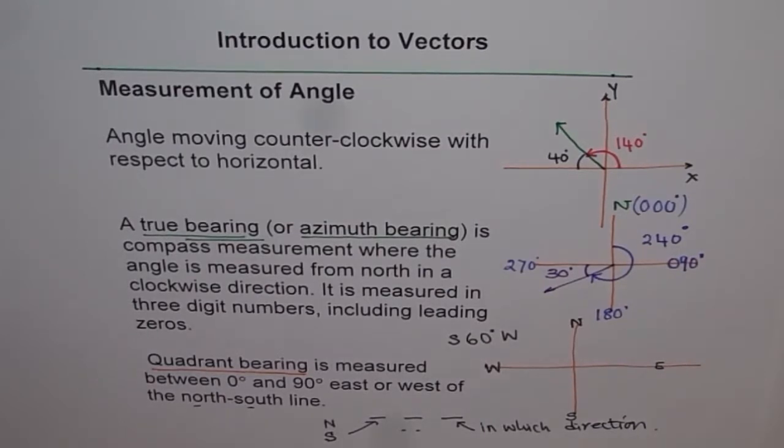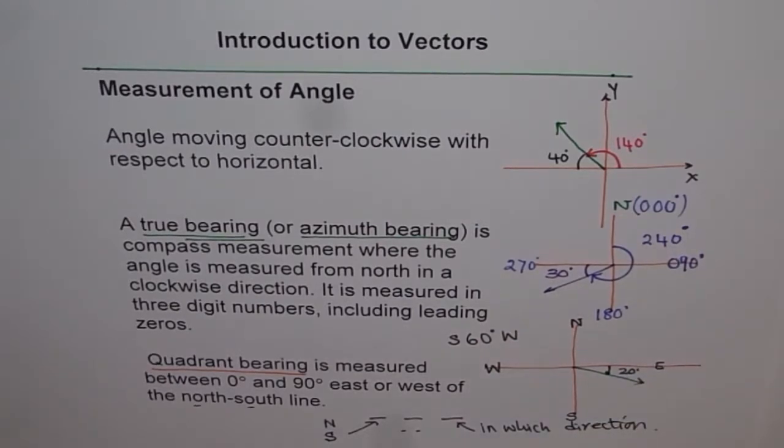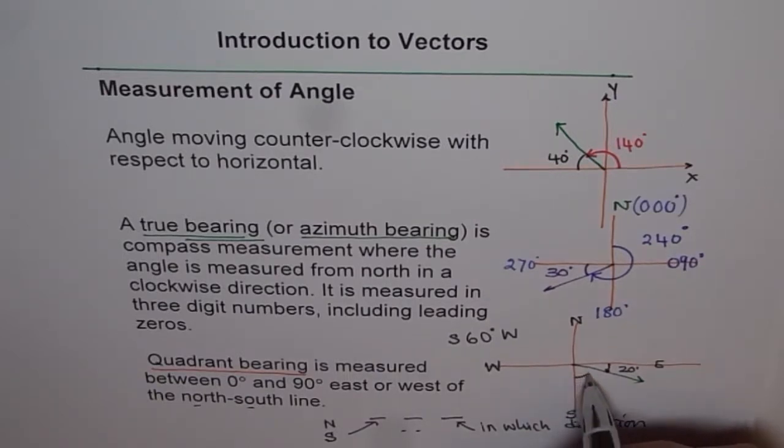Is that okay? So let me make one angle for you and then we will discuss it, right? Let's say this is the angle this time, and from here it is 20 degrees. Now how will I write this angle as a quadrant bearing angle? We can see from the north-south line how much off it is towards east.